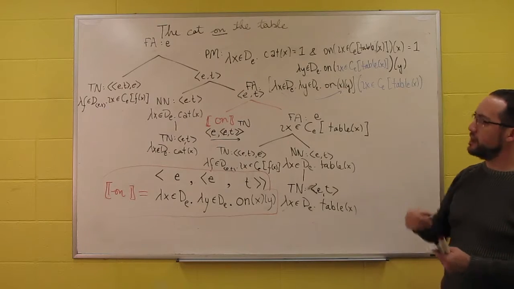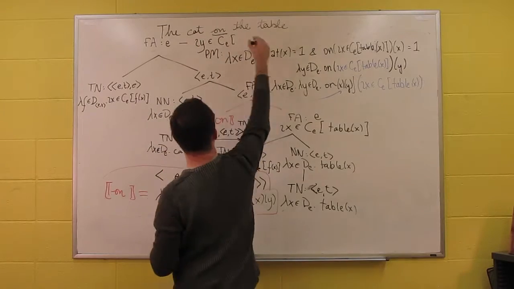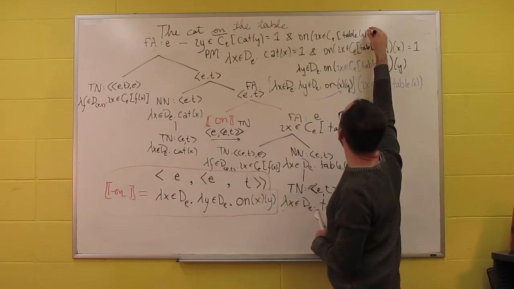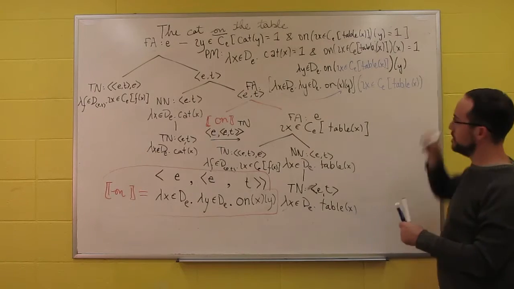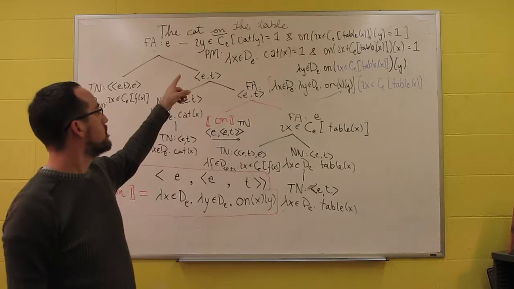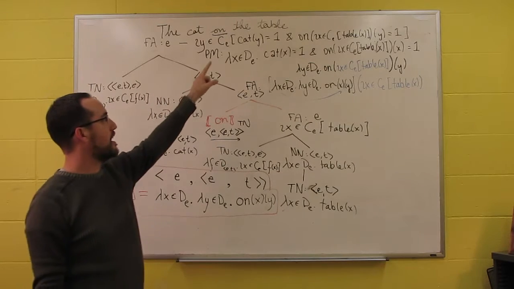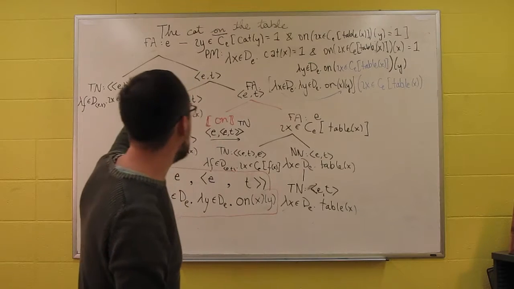And then we take the. So we get the unique thing in our context, the unique thing in our context that is a cat and is on the table. And that is how we build the meaning of the cat on the table.